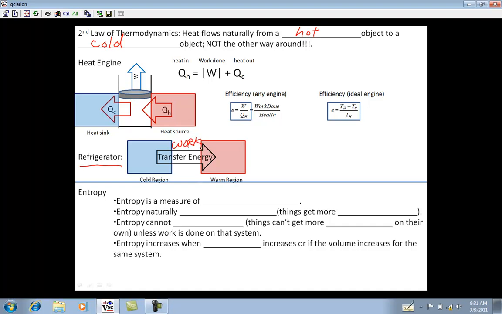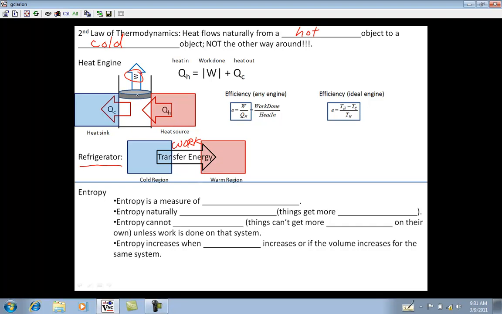Here's how a heat engine works. We take heat from what's called a heat source. It brings heat into the system, and then it does work.